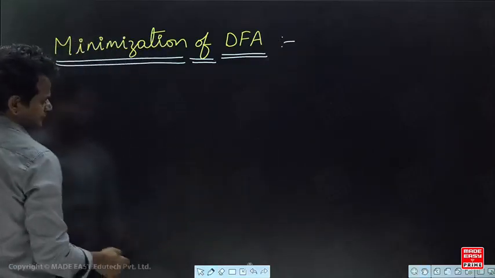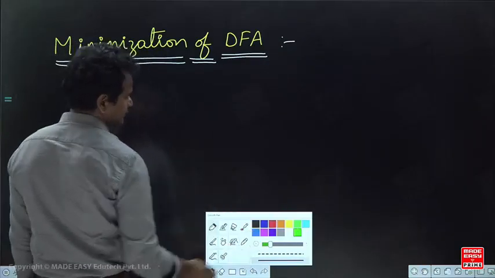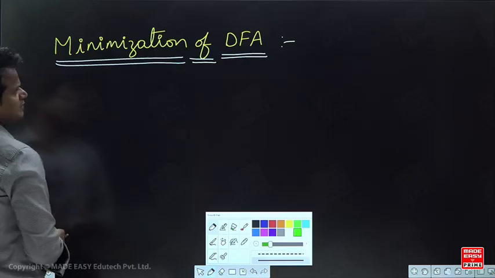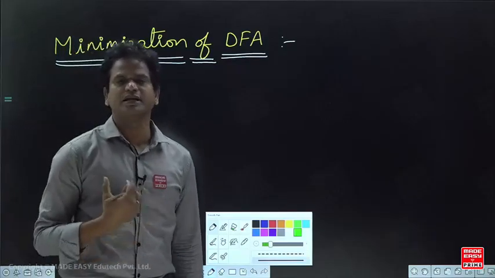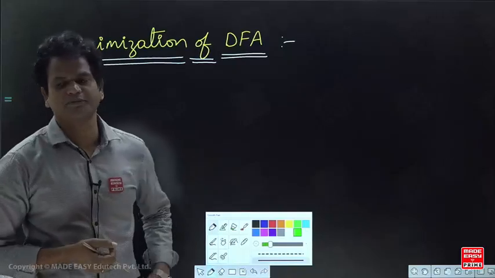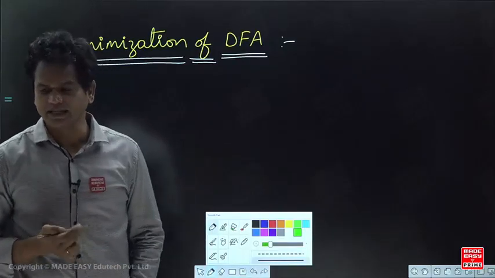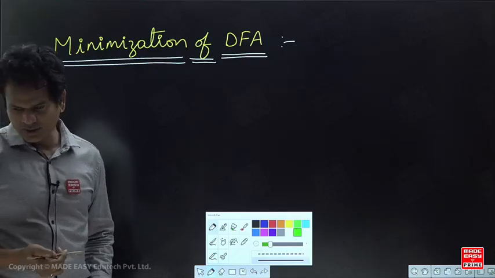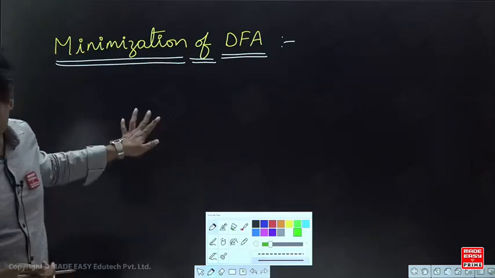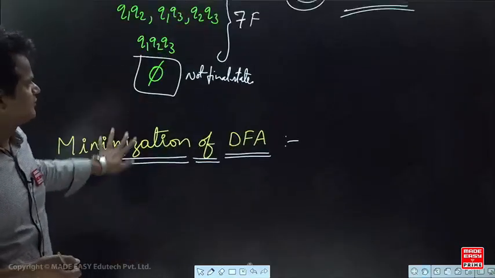Now look at this one. So what is the meaning of minimization of DFA? Reducing the number of states if possible. Show the slide again. Which slide, guys? So make it fast, guys.